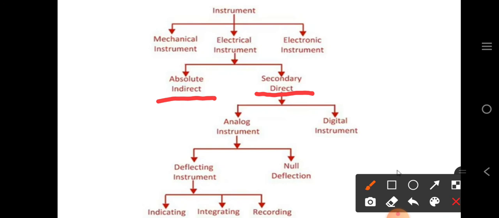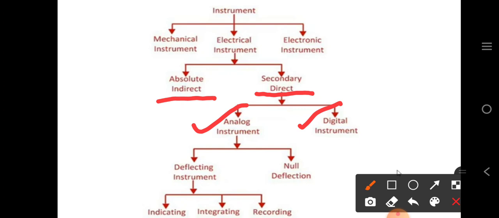Now the secondary direct instruments are classified into two types: analog instrument and digital instrument. From the name itself, we can recognize that analog instruments are the instruments which measure the quantity and show it in analog form, and in the digital instrument the quantity is measured and denoted in digital form.